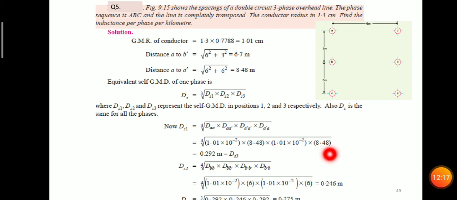So the fourth root gives Ds1 as 0.292 meter.